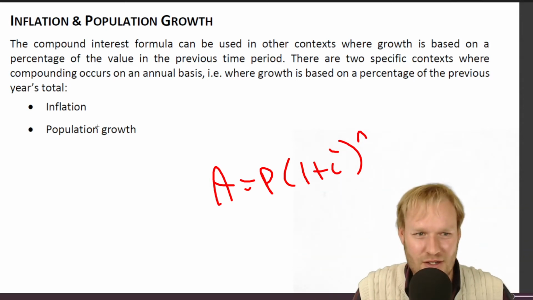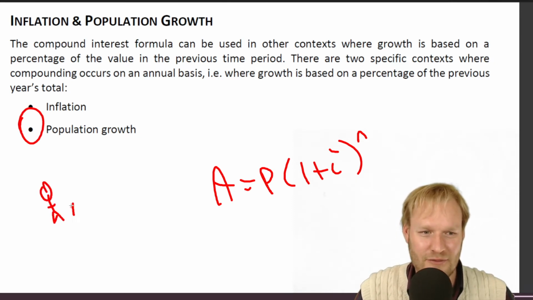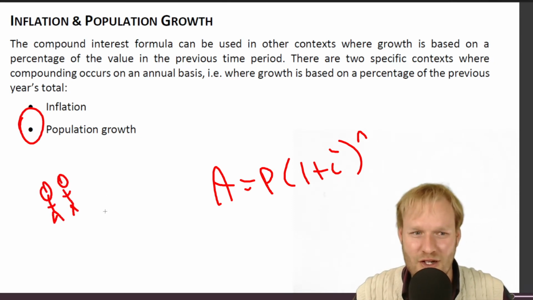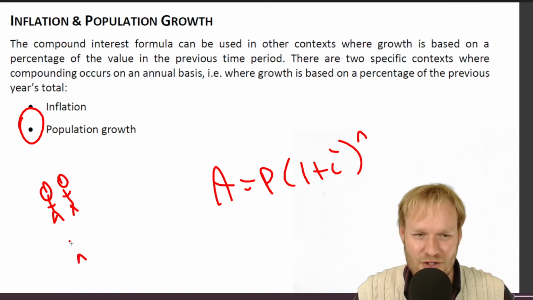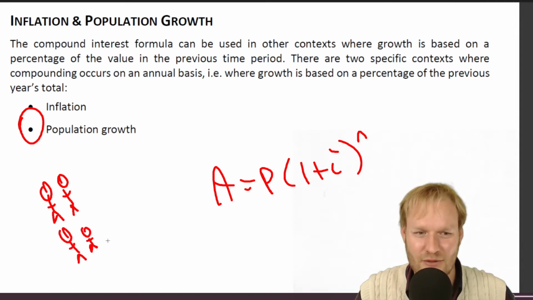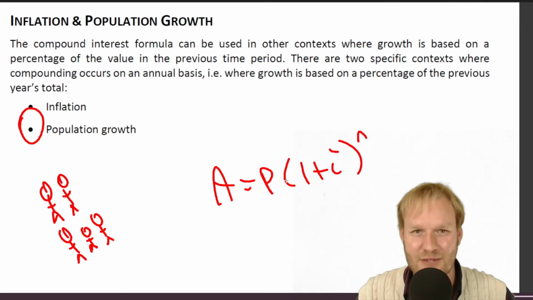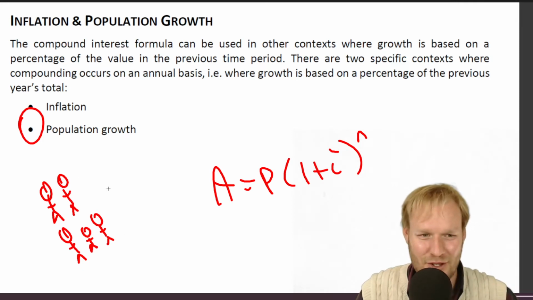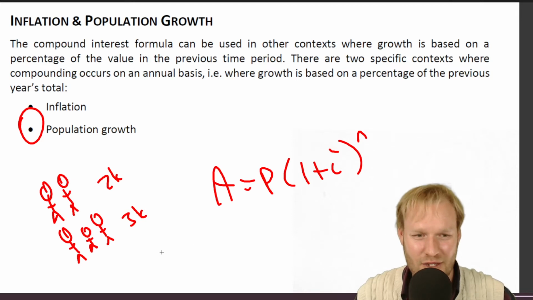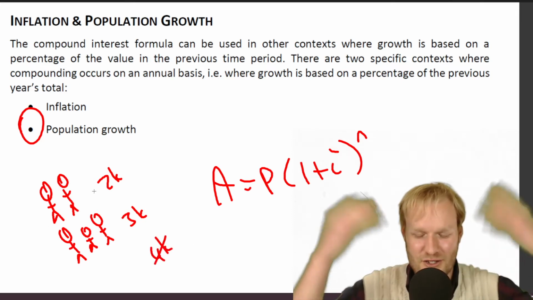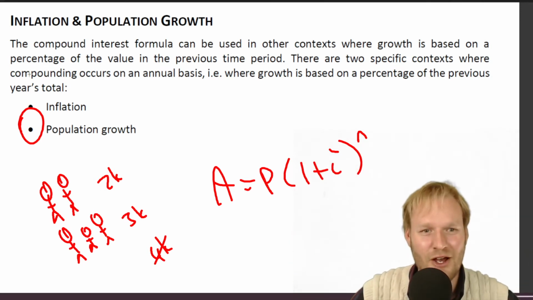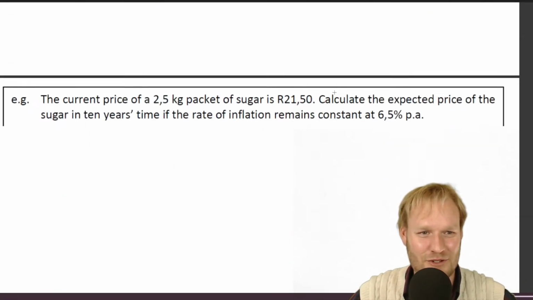In other words, population growth: if there are 2,000 people, and then it grows to 3,000 people, where each of these little stick people represents 1,000 people. So if there are 2,000 people one year and 3,000 the next year, the next year it's probably not going to be 4,000, because it's growing on top. You get it. Okay, so let's run through examples.